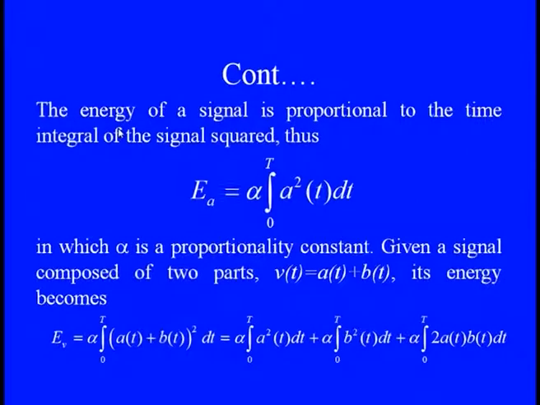For the signal composed of A of t and B of t, the energy is alpha times the integration from 0 to T of A of t plus B of t, whole square, dt, which on expanding is alpha times the integral of A square dt, plus alpha times the integral of B square dt, plus alpha times the integral of 2 A of t B of t dt.